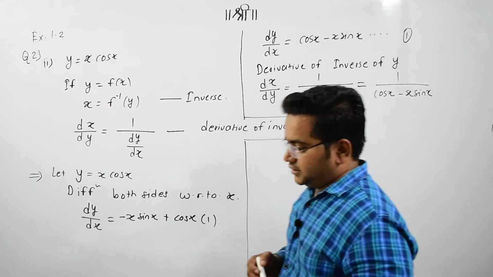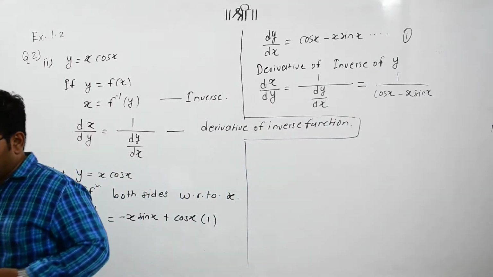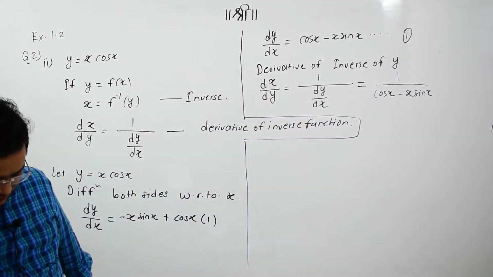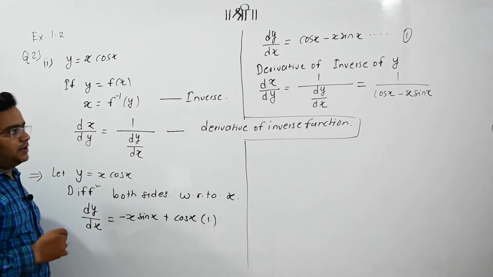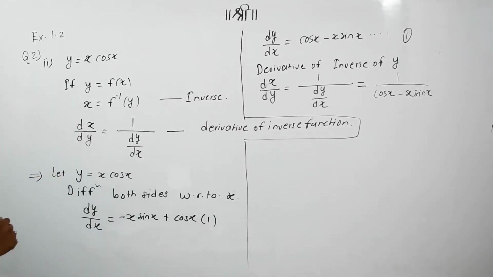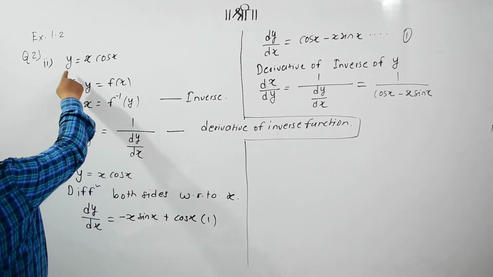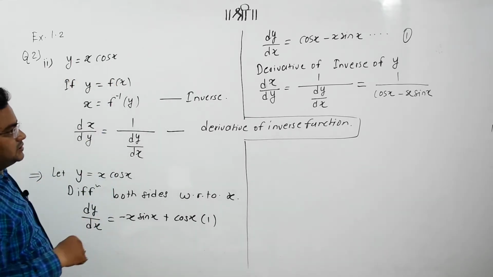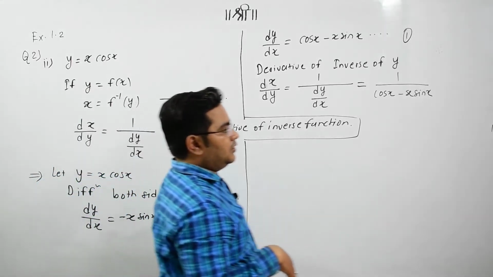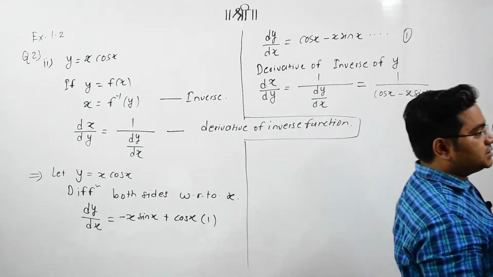Now the picture is clear how to differentiate this kind of thing. This is the game of words. If you look at this properly, how exactly they are dealing with it is, they have given us a y and they are asking us to find the derivative of its inverse.